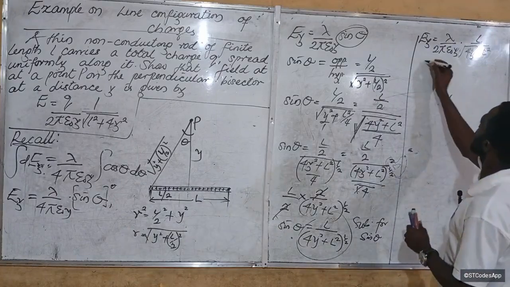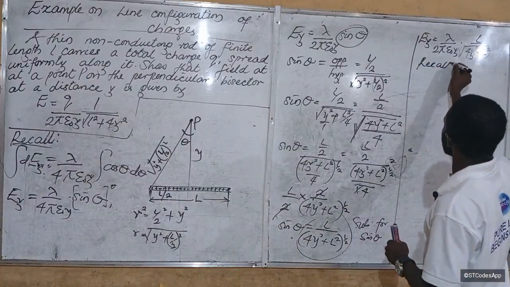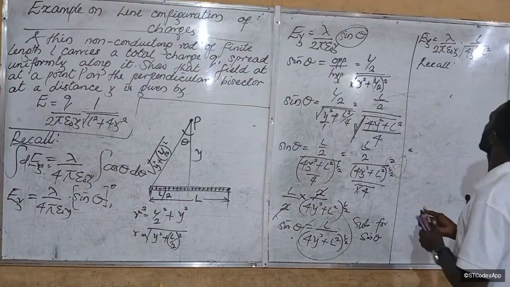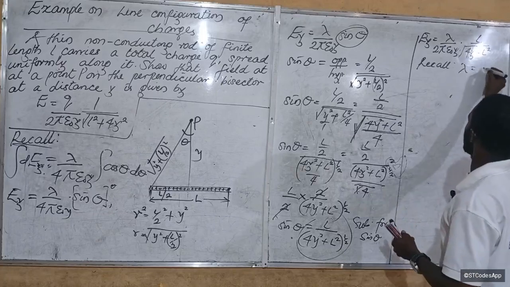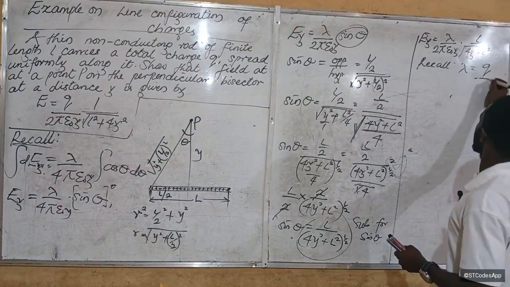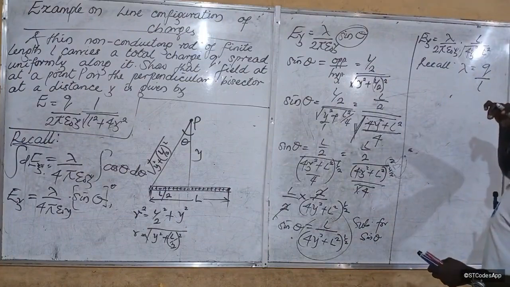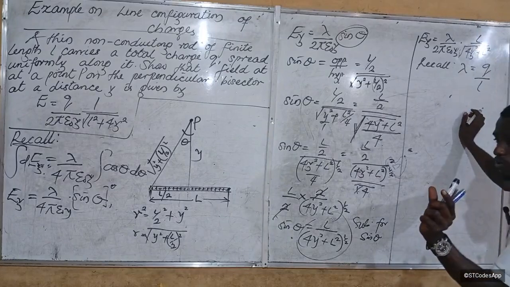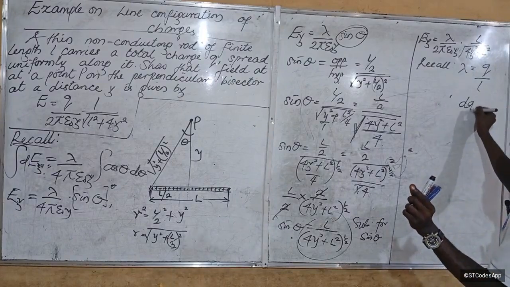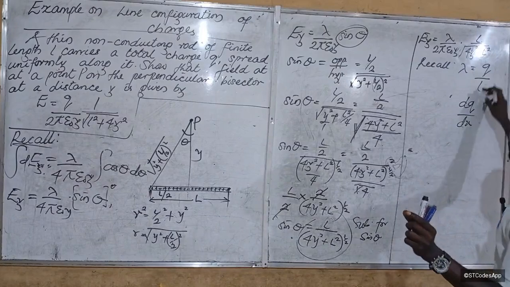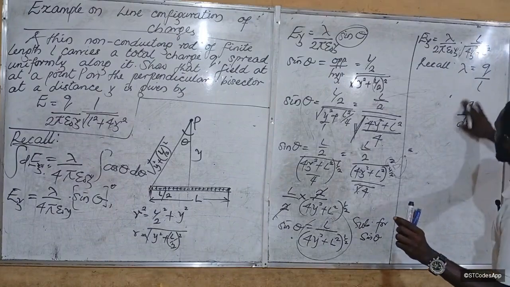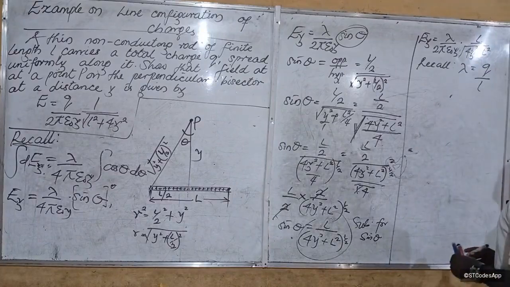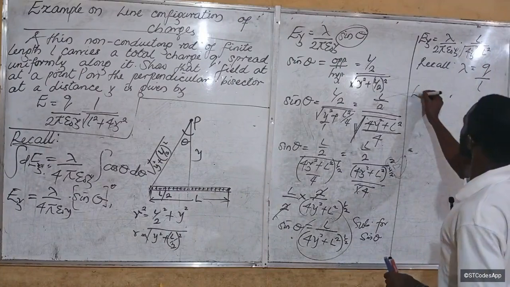Recall also that charge density lambda is Q per L. Because remember, we did only a small segment yesterday, which was dq dx. But it's over the entire length, so it's going to be Q over the entire length, Q over L. That's charge density, okay? So we replace it into the equation.